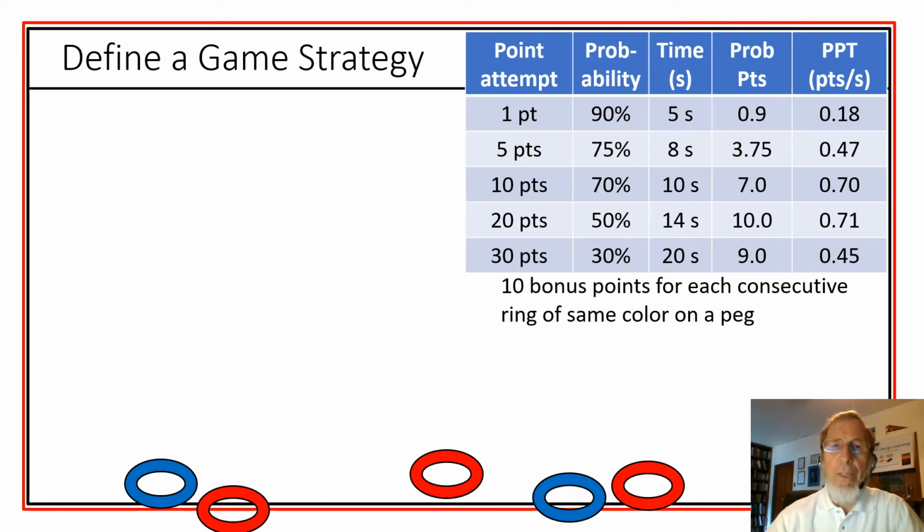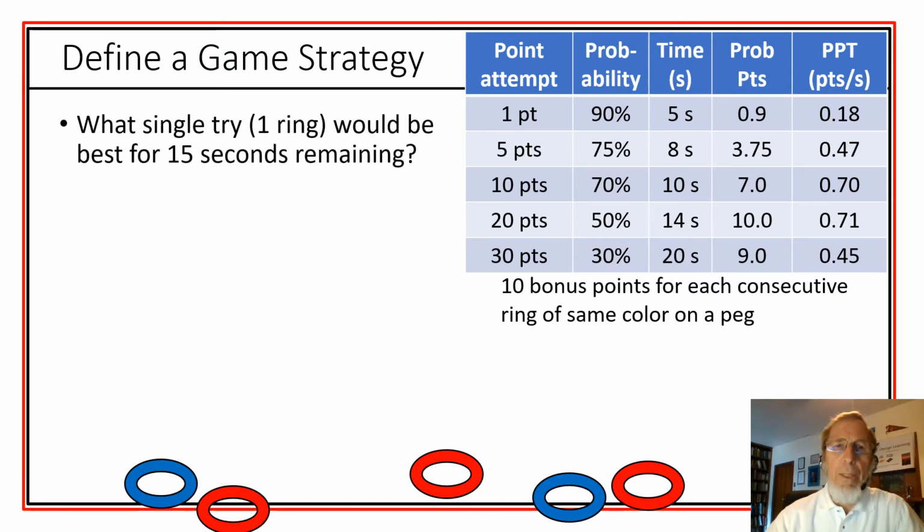So let's define a game strategy now that we see that we can calculate probable points. Let's say that we have 15 seconds remaining in the game, 1 ring in hand, and we have to decide what do we attempt to do during that 15 seconds.